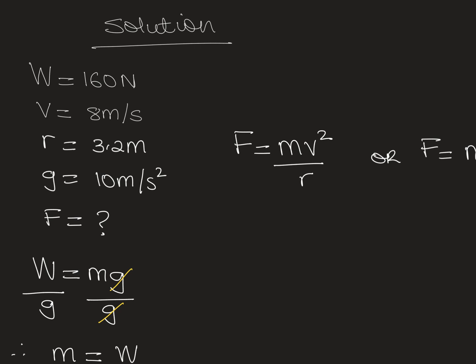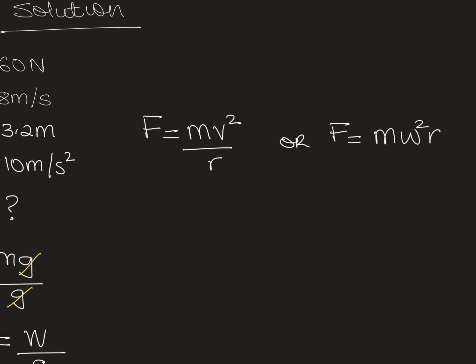If you look at the parameters given, the linear velocity is given, so it is easy for us to use the first formula because the angular velocity is not given. If we want to use the other formula, we will first have to find the angular velocity. The choice is yours.